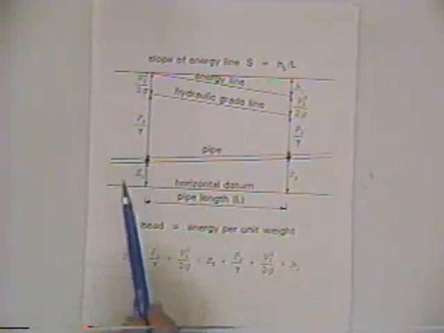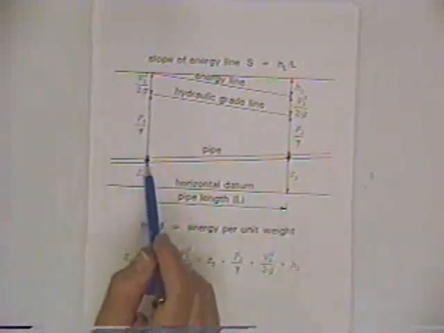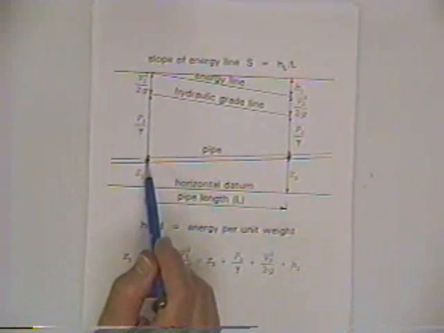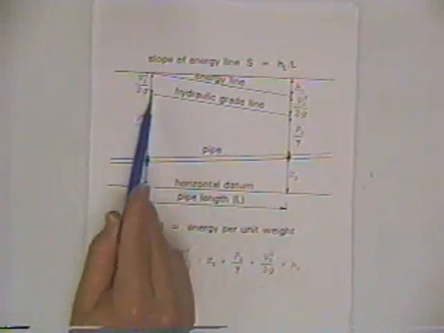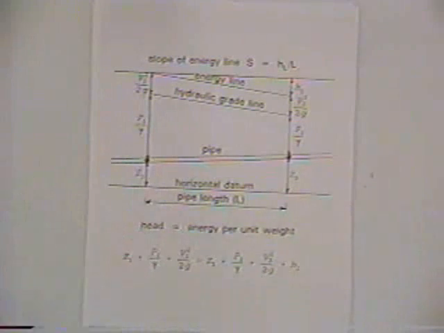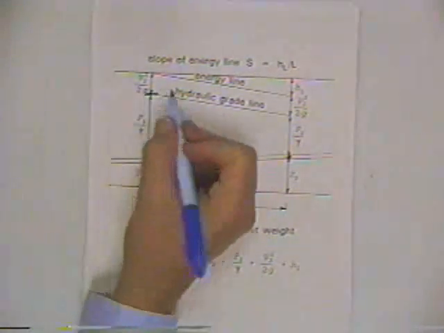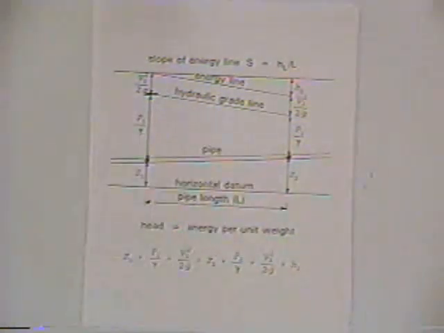It has some pressure, and if you can visualize the pressure, if you drilled a hole in the side of the pipe and inserted a piezometer tube, the water would rise to right there. By definition, that's your hydraulic grade. That's how high water would rise in a tube that was inserted into the pipe.